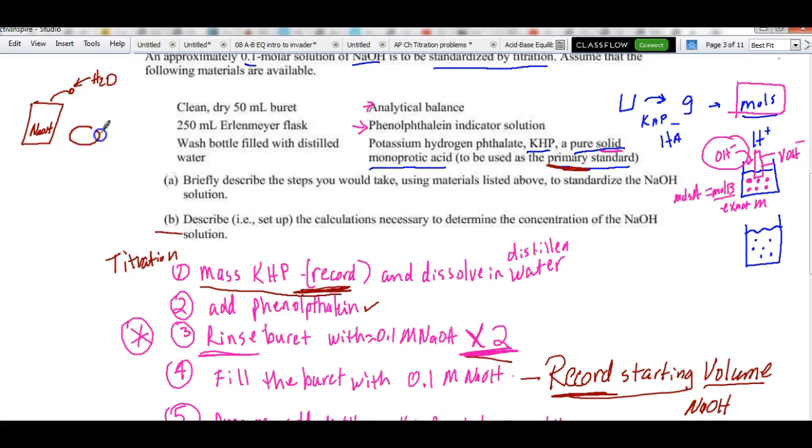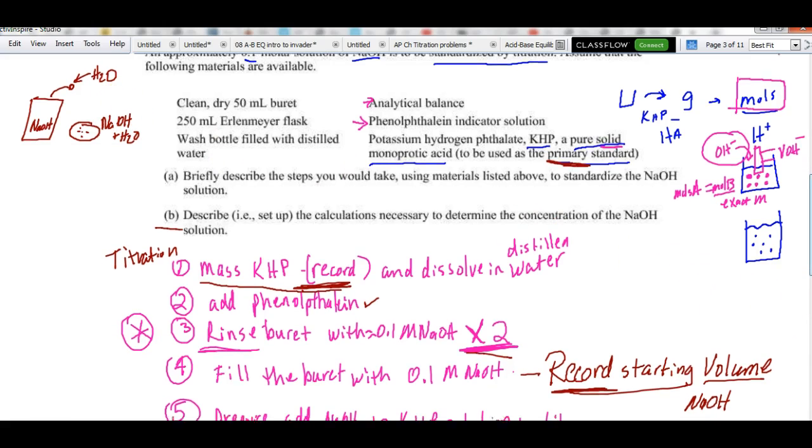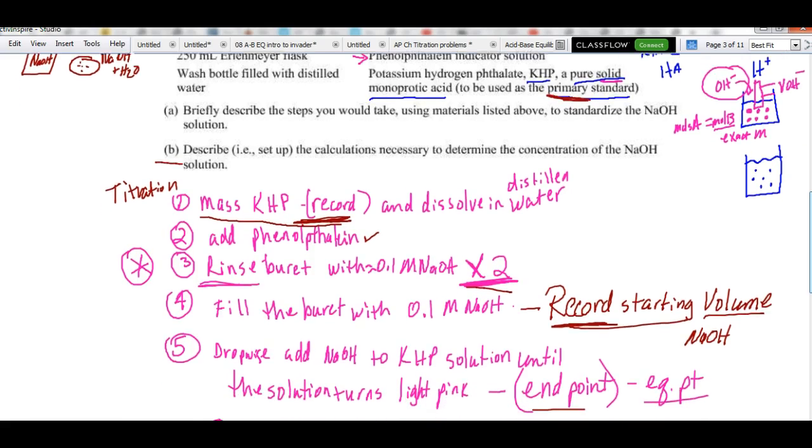So any mass that you have automatically has an error in it, because you're having NaOH plus whatever water is on there. So that's a source of error they could ask you about. And so in order to get an exact concentration for hydroxide, especially sodium hydroxide or potassium hydroxide, you have to titrate it against a known primary standard like KHP.